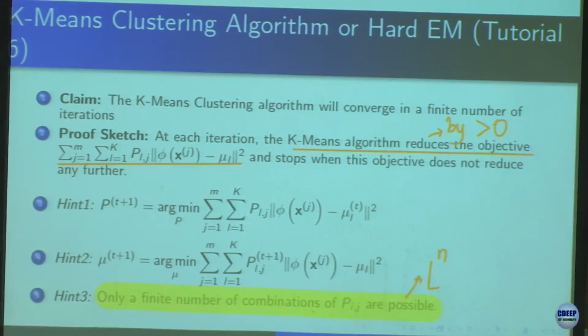The problem would have been if you kept iterating even if there was no reduction in the objective, but we know the reason we are choosing a new configuration is because it is different from the previous one, which means the objective reduced.